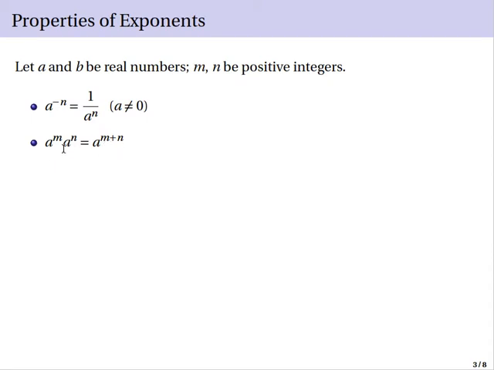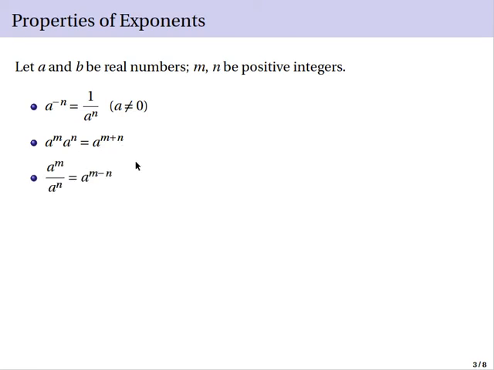So again, you have two exponential expressions with the same base and you multiply them, so what we do is copy the base and then the exponent will be the sum of the exponents or the powers in the exponential expressions that you multiplied. So a to the m times a to the n equals a to the m plus n.